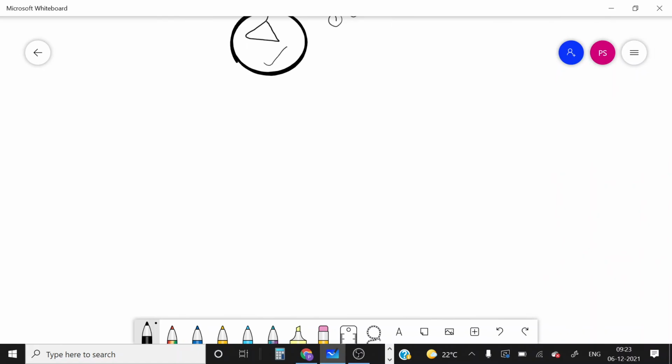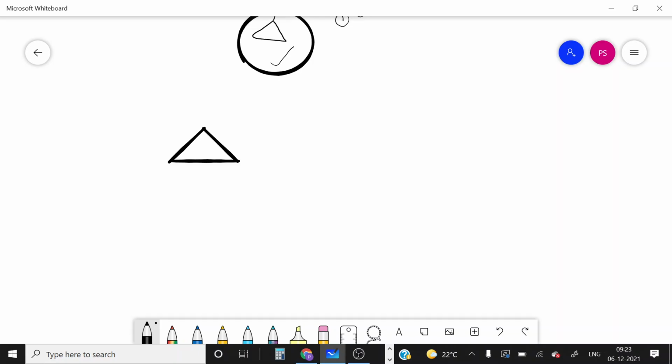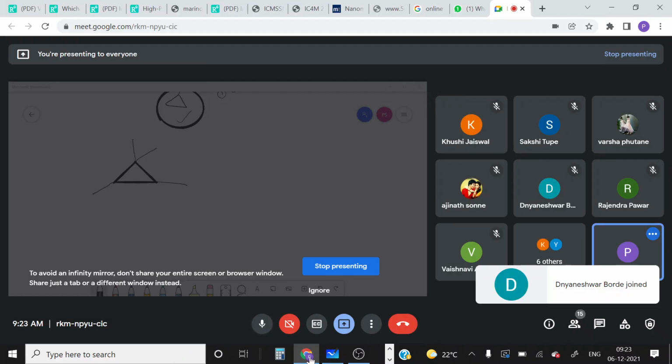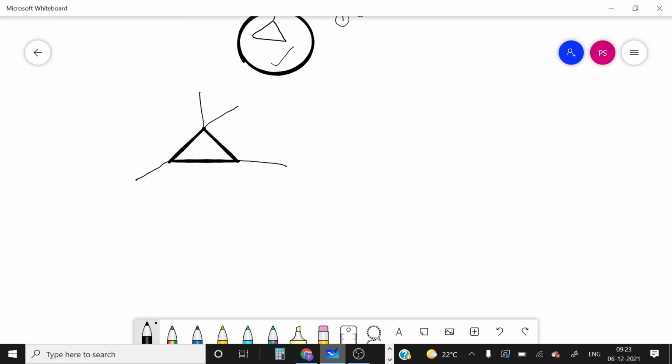Okay, now I will again write another structure, 1, 2, 3, and 4. Okay, now you tell me what is the formula of this compound. Okay, before going to this structure I will just write here 4 carbon alkane.